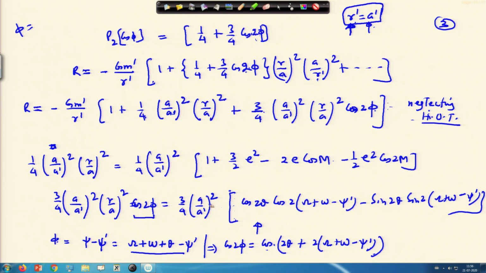Okay, so this expansion we retain this r by a here, because for this expansion we do not have space to write here. So let us retain it here, r by a square. Only the cos 2 phi term we have expanded in this place, and the r by a term we are retaining here.